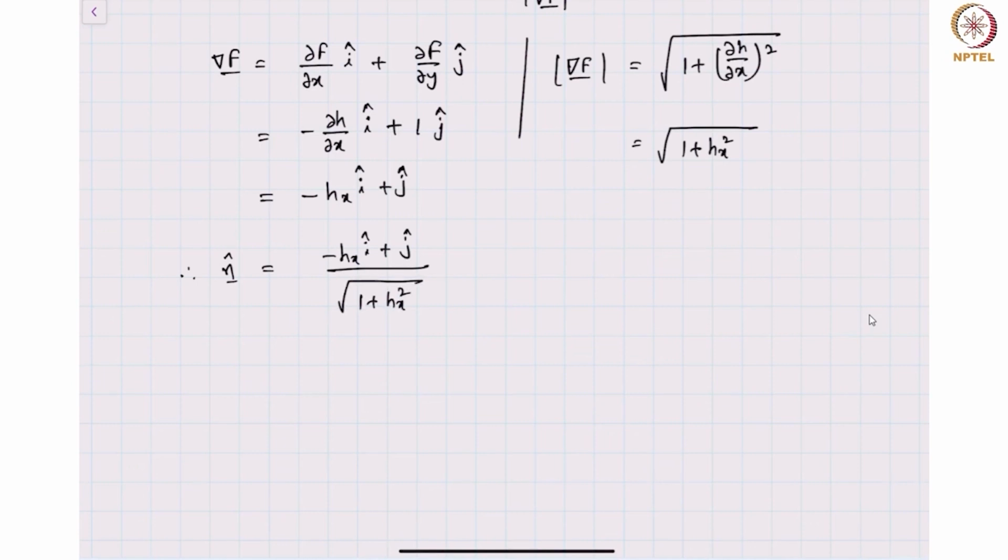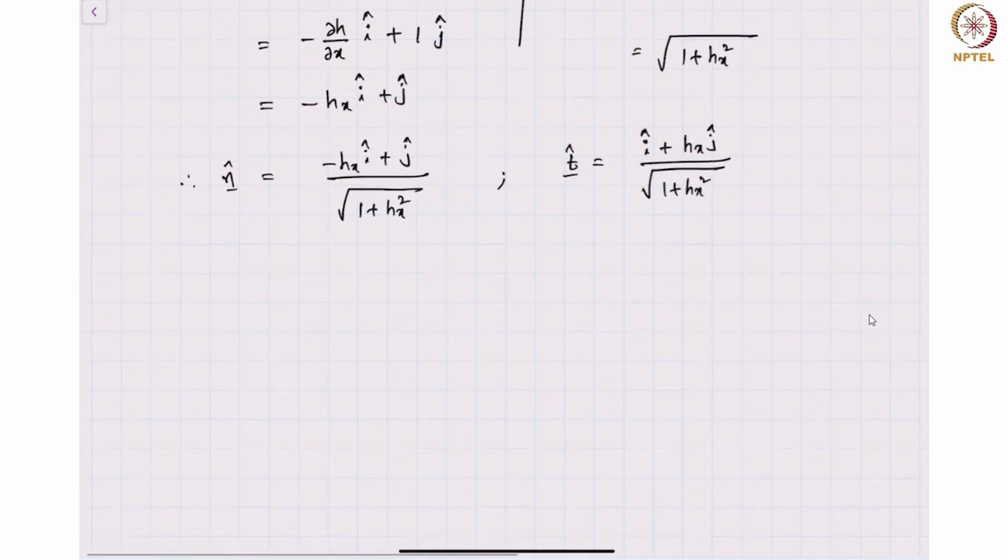That's my normal vector. I would like you to try to derive the tangent vector yourself. The tangent vector will turn out to be i hat plus h_x j hat over the square root of 1 plus h_x squared.